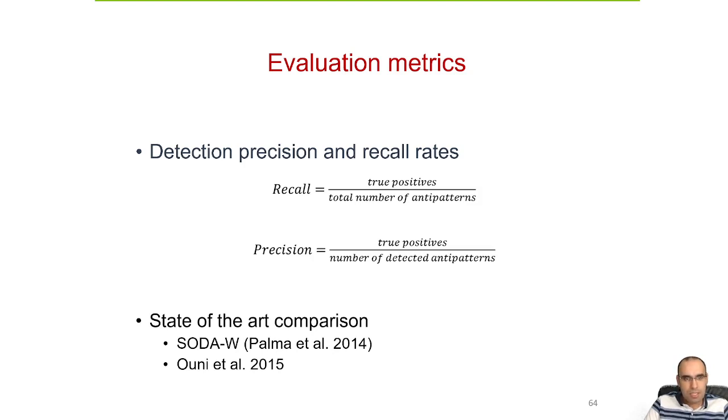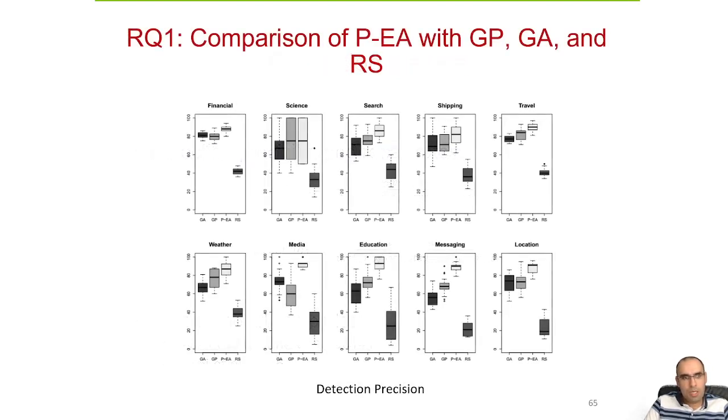As for the results, we see here the box plots for each category of web services, and in terms of precision, we observe that our approach POA is higher than the genetic algorithm, genetic programming, and random search.